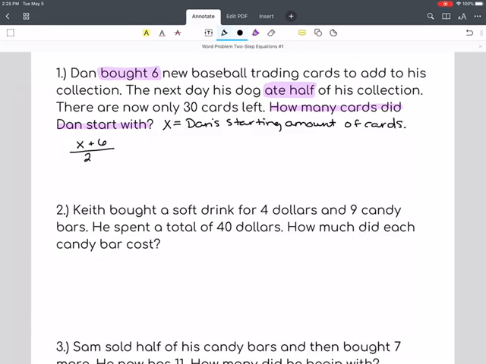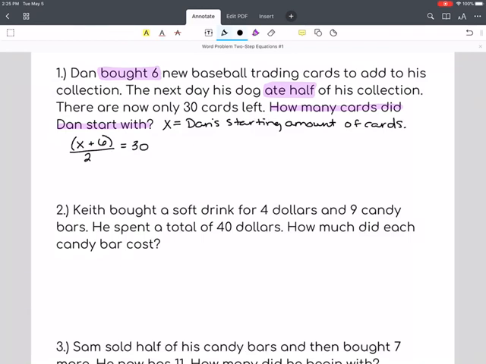And I know after the dog ate half of his collection, he only had 30 cards left. So there is our equation. X plus 6 divided by 2 equals 30. Now I do have a little expression above the division line, so I could think about this as one thing together.